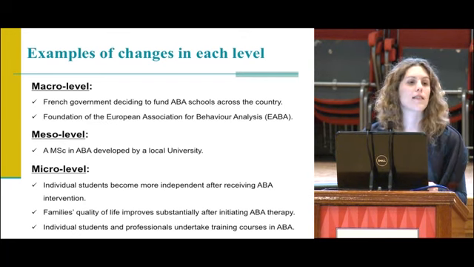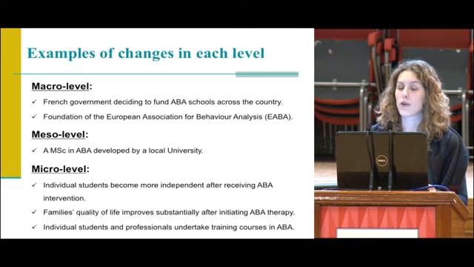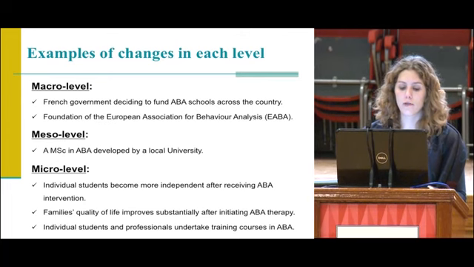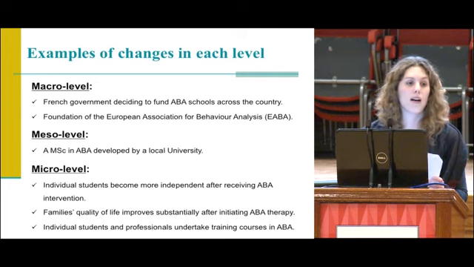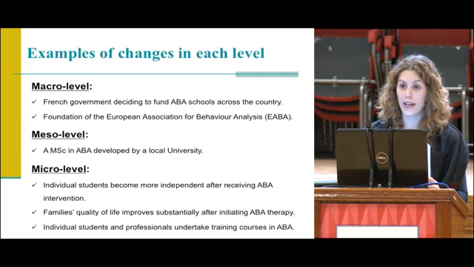And then some changes in the micro level would be having individual students progressing very much, and, for example, on language skills, and being able to attend a mainstream school, or having individual families' quality of life being improved, or having individual students and professionals like us developing and learning and improving their teaching techniques.